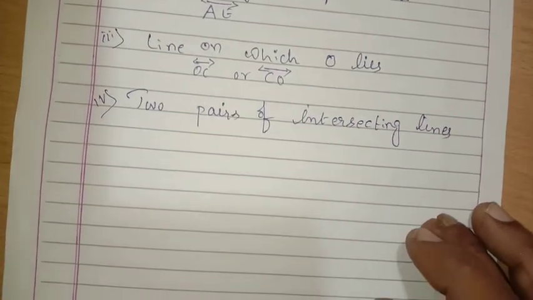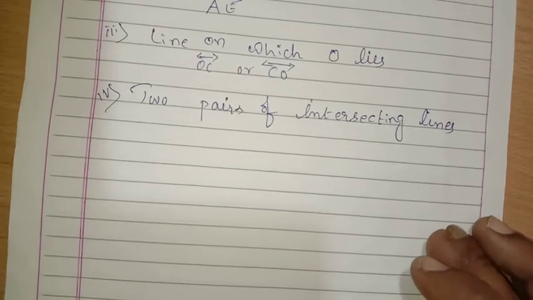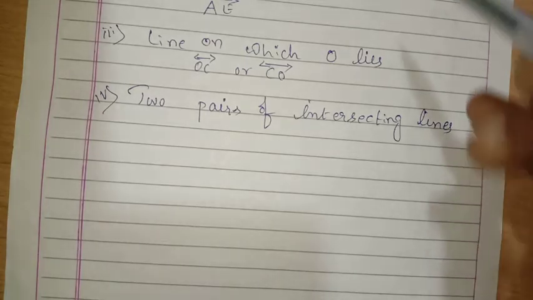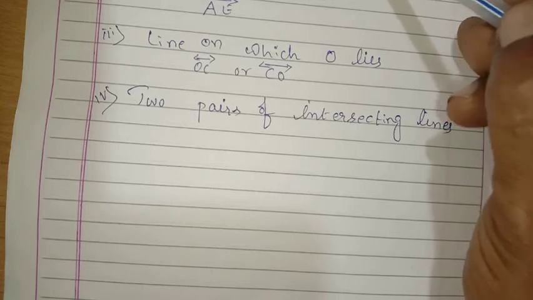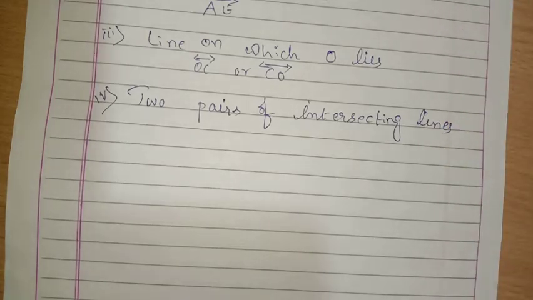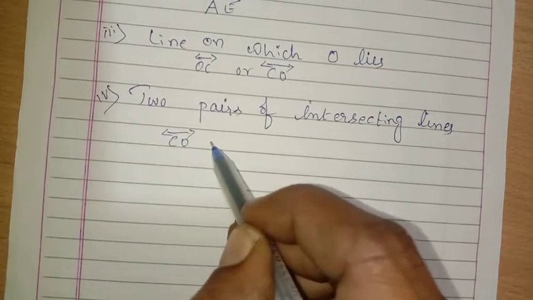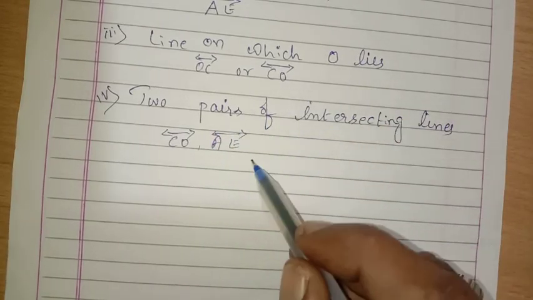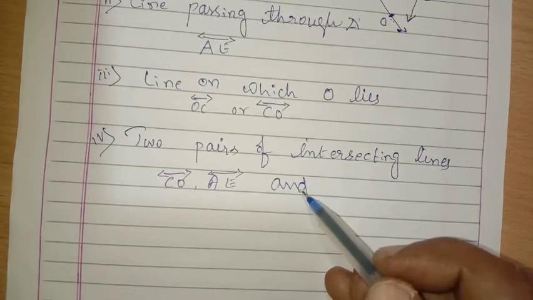And two pairs of intersecting lines. So many answers are possible. Some are intersecting lines CO and AE. So CO and AE intersect at the point B. So line CO and then line AE intersect at the point B. So second one is, line AE intersects EF. AE intersects EF.